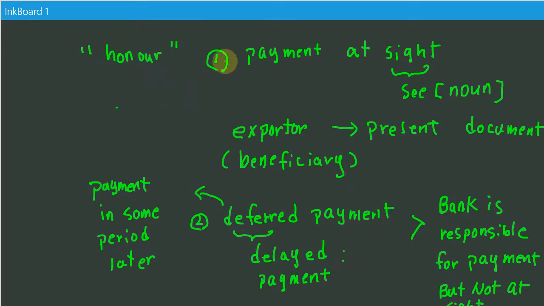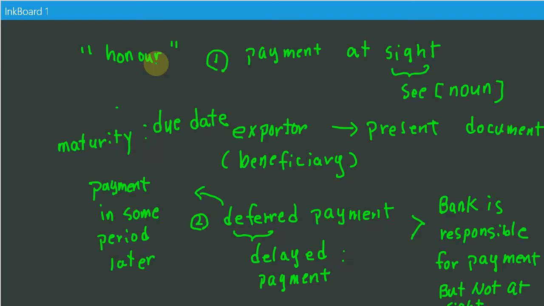Okay? The deferred payment is to incur a deferred payment undertaking and pay at maturity. This is the meaning of undertaking payment at maturity. The meaning of maturity is the due date. On the due date, the payment will be given.